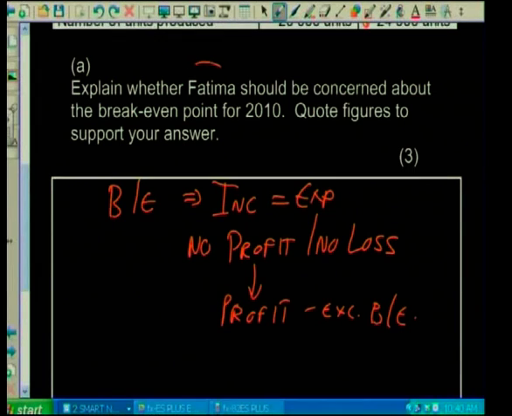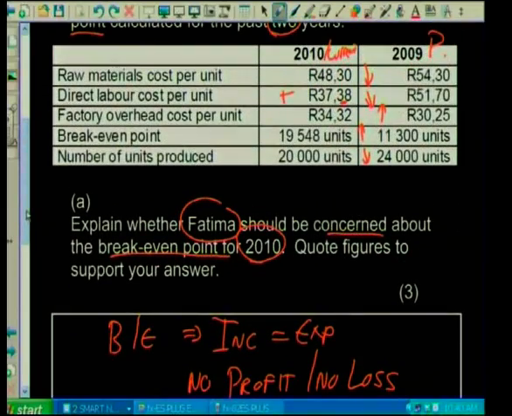So this question is asking us whether the owner, Fatima, should be concerned about the break-even point for 2010. So let's go to our info above and inspect. The break-even point is 19,548 units. The number of units produced is 20,000 units.